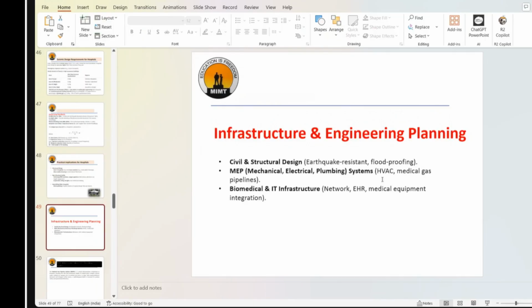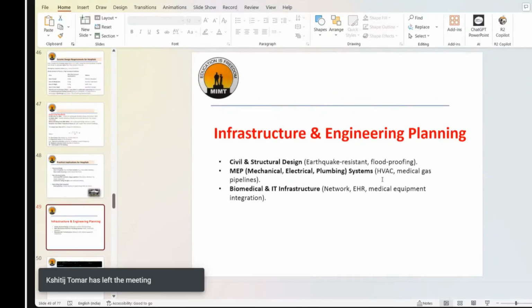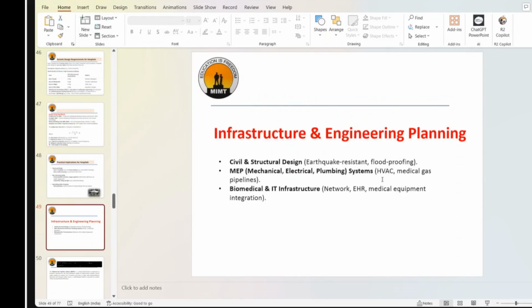This is a very important system for any hospital. We will take this HVAC system in more detail, and we will discuss the medical gas pipeline also. Then the third part is the biomedical and the IT infrastructure, how networking is supposed to be done, how we can implement the EHR, or how we can provision this EHR system and medical equipment integration also. So these are the three parts in this infrastructure and engineering planning.